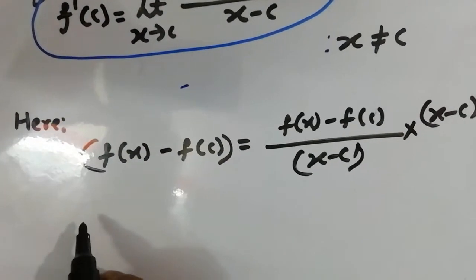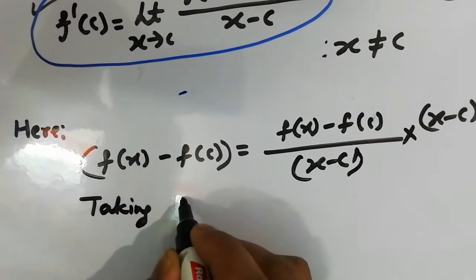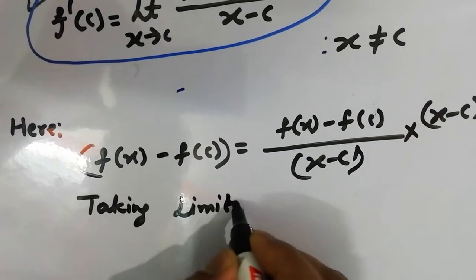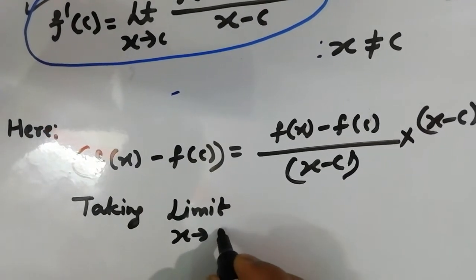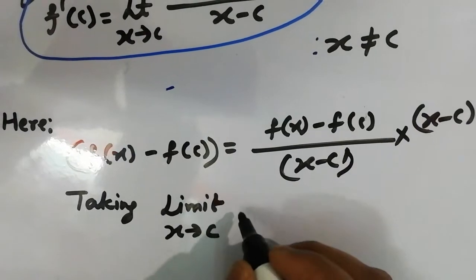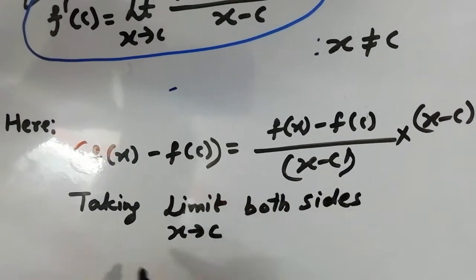In the next step, what we have to do is take the limit as x approaches c on both sides.